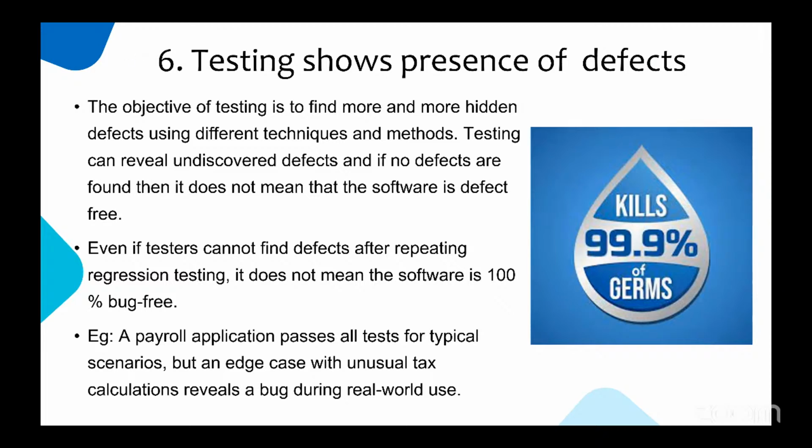Now, the sixth one: testing shows the presence of defects. What does that mean? Usually you can see in every ad, 99.99 percent it will kill germs. But has anyone in your life heard 100 percent? You see any product, and no one will say that. 100 percent is not at all possible.